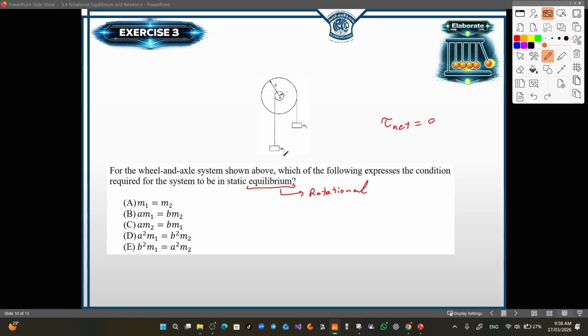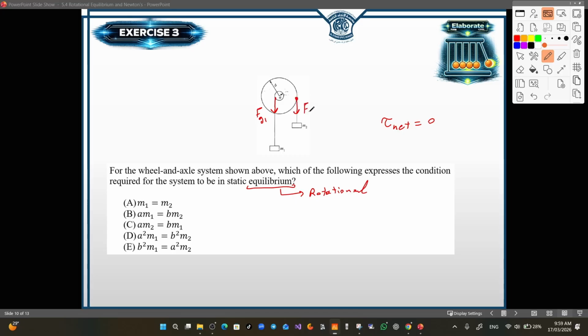Now, mass 1 will exert a force on the inner wheel by its weight. So the weight will be acting on the wheel from this side. Let's call it Fg1. And from here we have M2, and M2 will exert a force by its weight downward on the outer wheel.